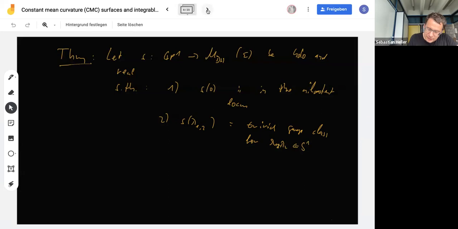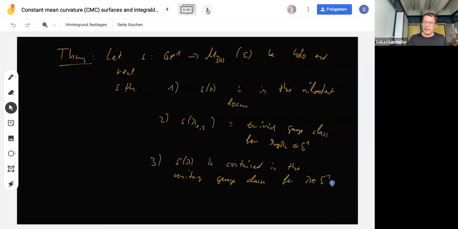And the third condition is that S of lambda, so we have a real section, which means that along the unit circle we are in the fixed point set of a real involution, but we need to impose that S of lambda is contained in the unitary gauge classes for lambda in S1.